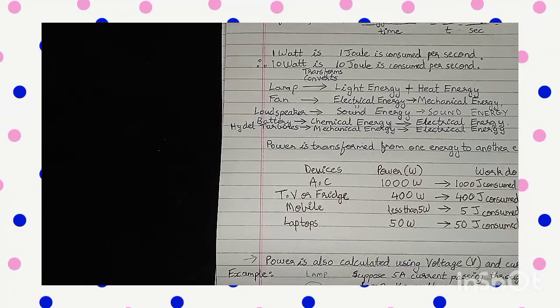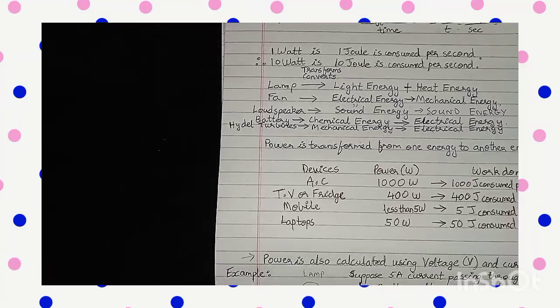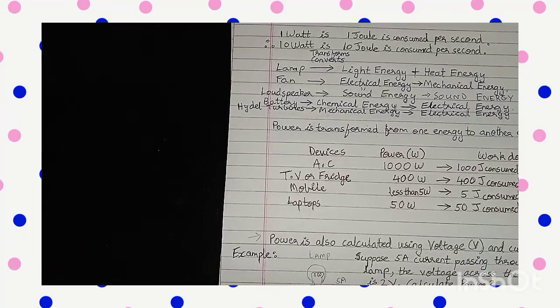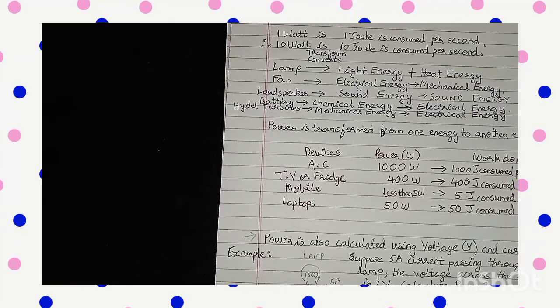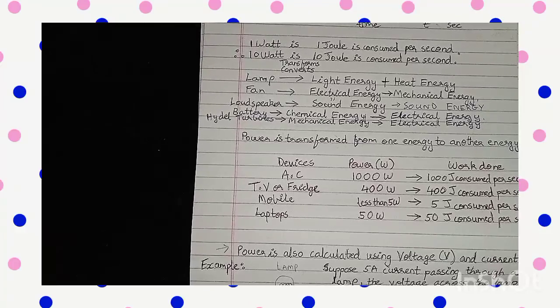A loudspeaker converts electrical energy to sound energy. A battery converts chemical energy to electrical energy. Tidal power turbines in water convert mechanical energy to electrical energy. So power is transferred from one energy to another.